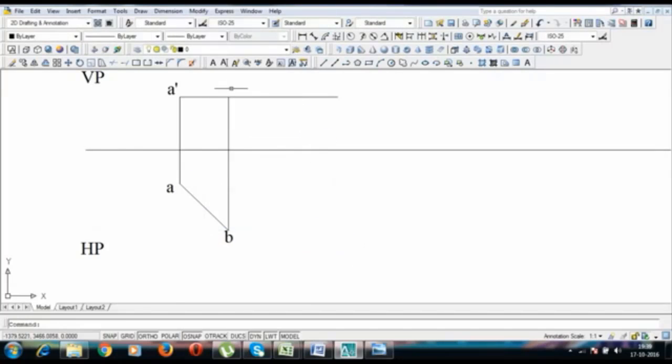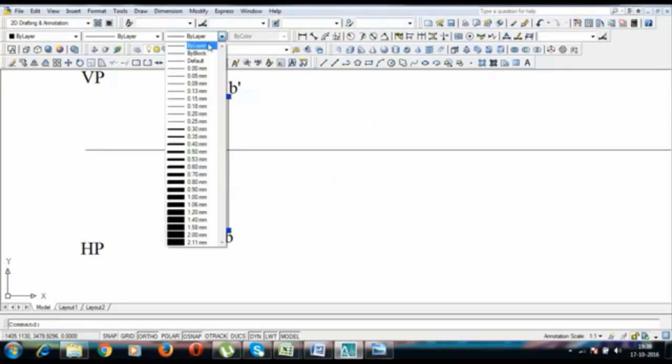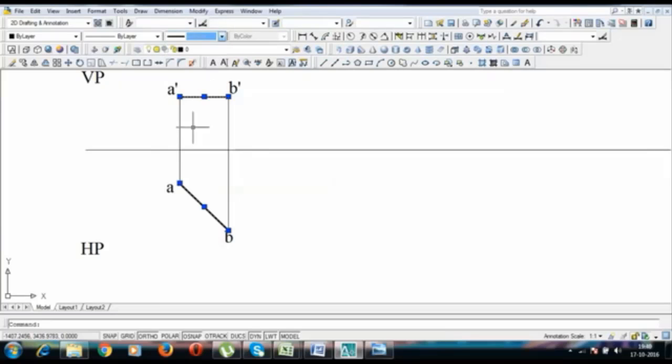So this over here is going to be my final front view. This is going to be B dash. Let me chop off this portion with respect to this line. Finally we have this as the front view and this as the top view. Let me darken both of them, and it should finally look something like this.